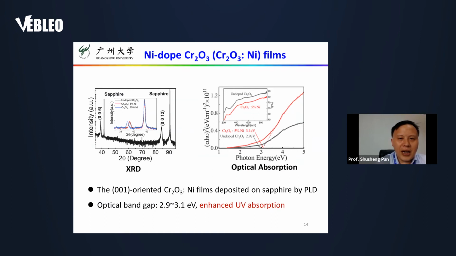The second photodetector material is nickel-doped chromium oxide films. The nickel-doped chromium oxide has been deposited on sapphire by pulsed laser deposition, and the films are 001 oriented.